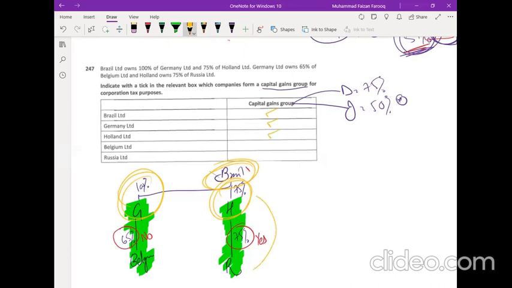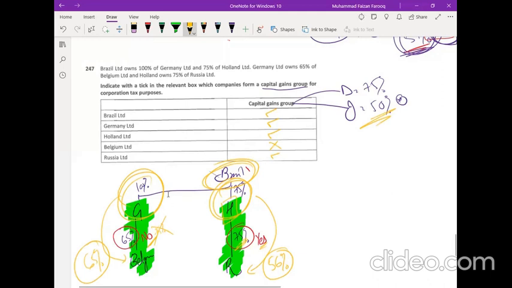Now, indirect ones: 75 into 75 is 56, right? And between Holland and Russia, are they creating a 75% group? Yes, so Russia is okay. What about Belgium? 65% is more than 50, but do Germany and Belgium make a 75% group? No, they are not. So Belgium will not be part of the capital gains group.